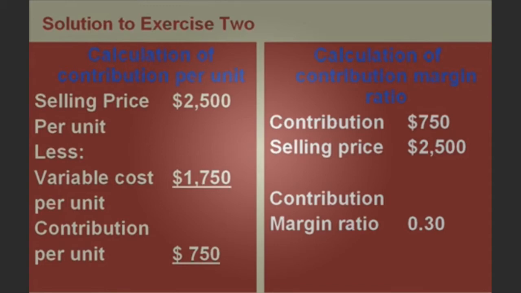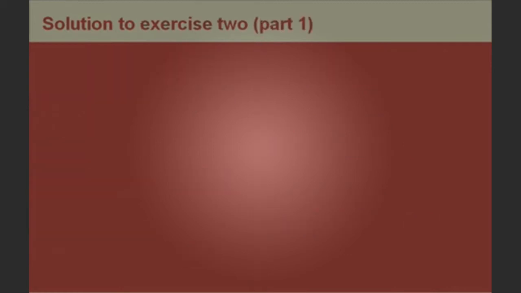Now we can start. There are two ways to do this problem. There's something called the equation method, and there's something called the formula method. Whichever technique you use, you get the same answer. Let's do the equation method first. I'm going to take you through this step by step.